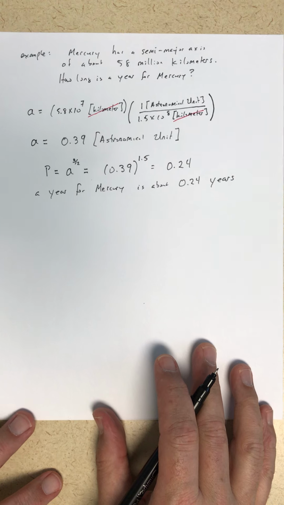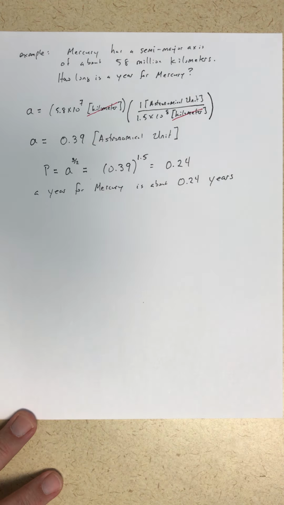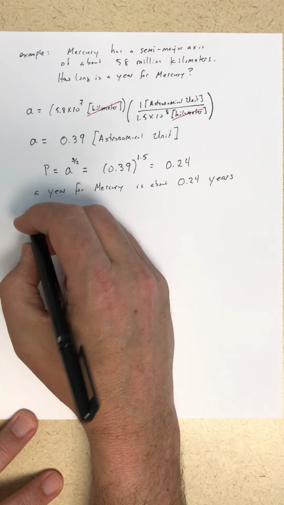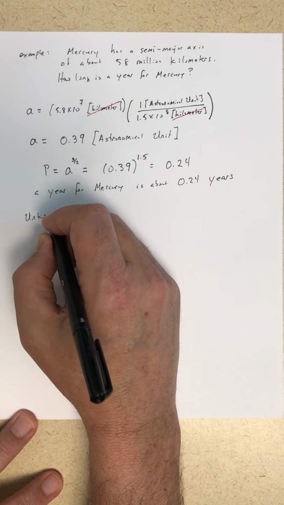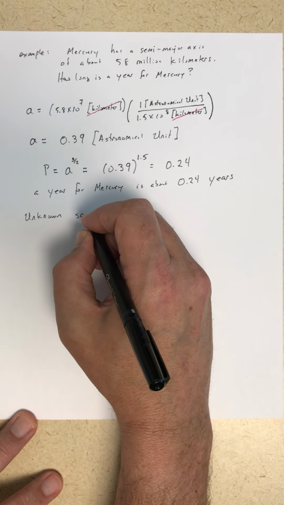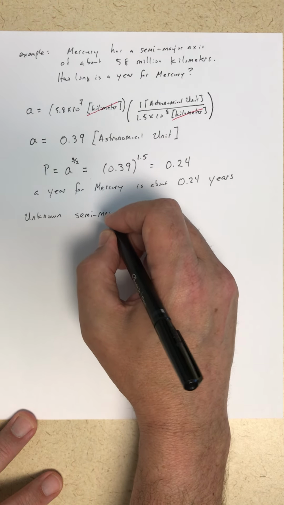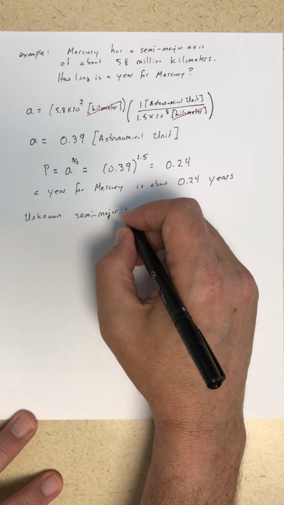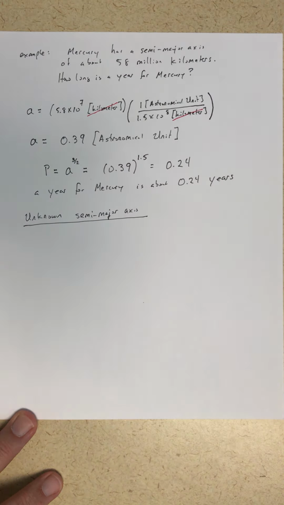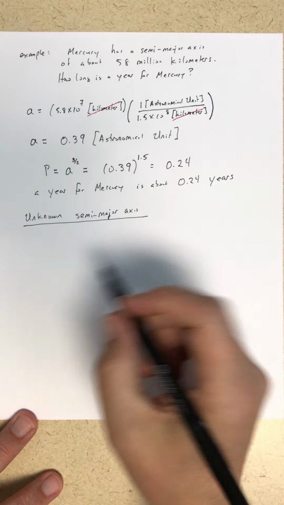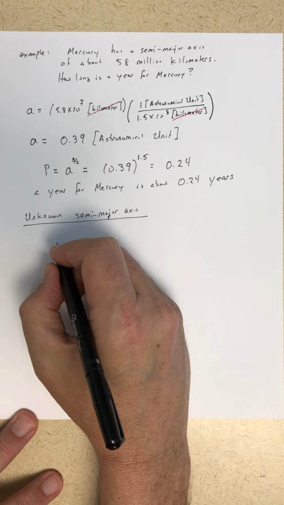All right. The other way we can use Kepler's third law in the simple form is when A is unknown, so an unknown semi-major axis. Given a period, we want to find the semi-major axis.